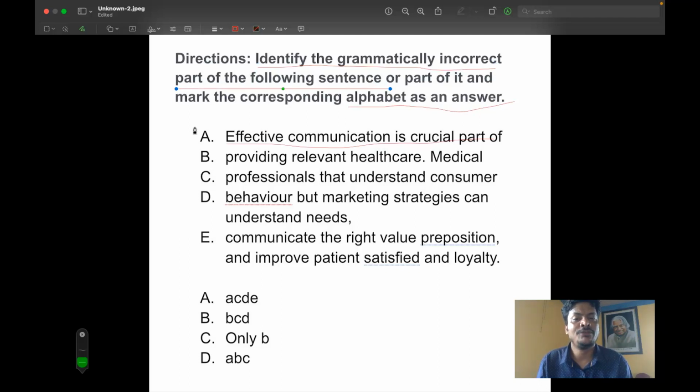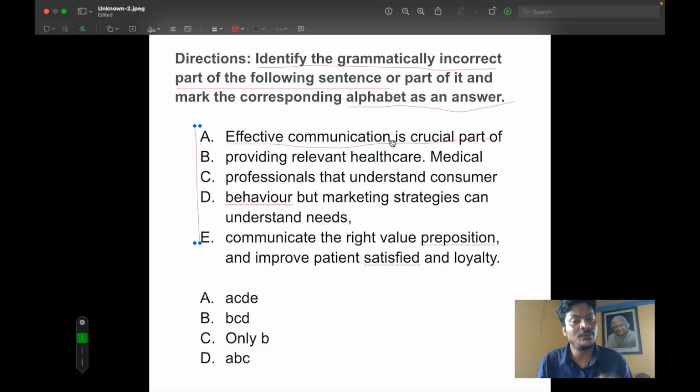It means this A, B, C, D, E are nothing but one short paragraph with a couple of sentences, segregated into five different parts. So we need to identify which part of the sentence or sentences is or are grammatically incorrect.